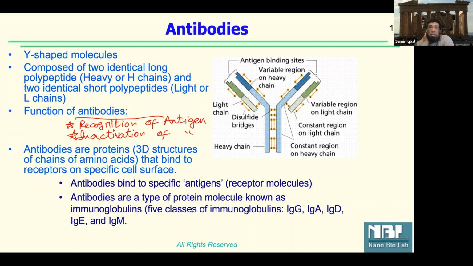And these are three-dimensional structures built up of smaller molecules, amino acids, and they bind to receptors on specific cell surfaces. So the cells would have receptor molecules and the antibodies would bind to them. And there are many different antibodies that are known, right?